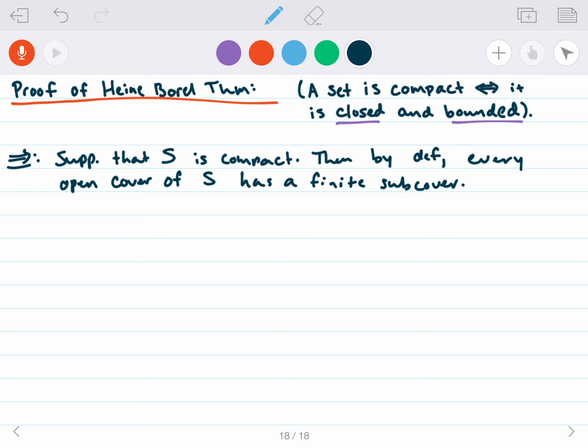We'll do bounded first. We'll claim that S is bounded. And the proof will consider an open cover of the reals. So consider the open cover of R.